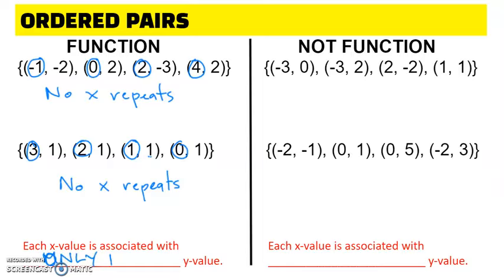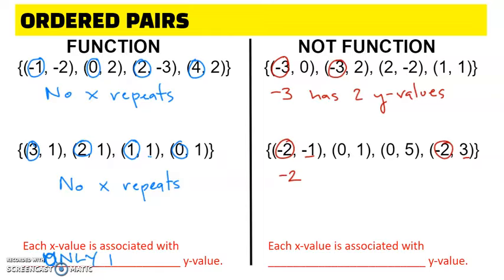But when we look at our non-functions on the right here, if I look at my first set of ordered pairs, I can see negative 3 is with 0, but negative 3 is also with 2. Negative 3 has 2 y values, and that's not allowed for it to be considered a function. It's a different kind of relationship, but it's not a function. When we look at the second one, I see negative 2 repeats. It has negative 1 and 3.